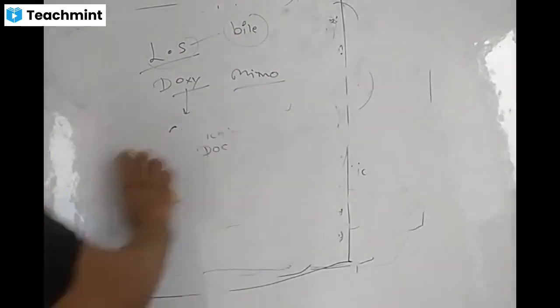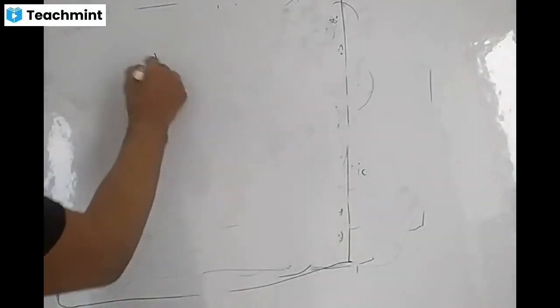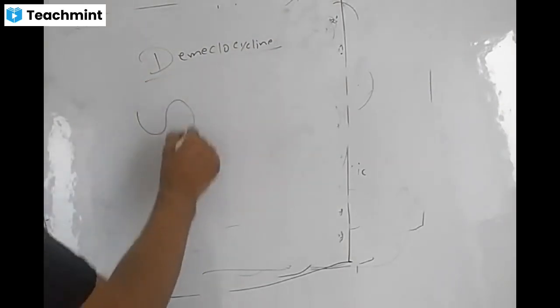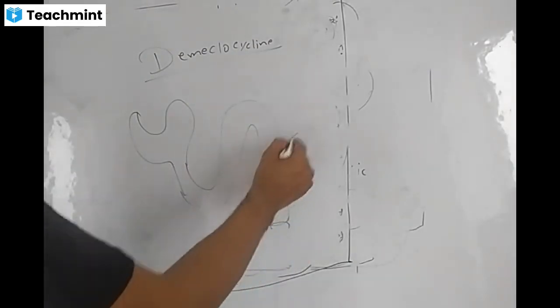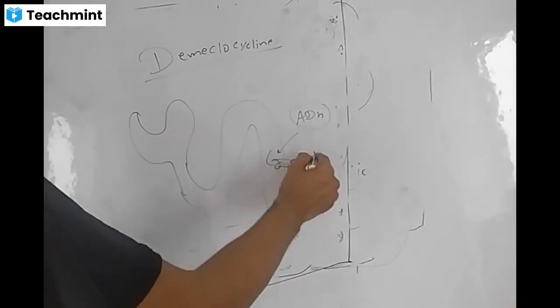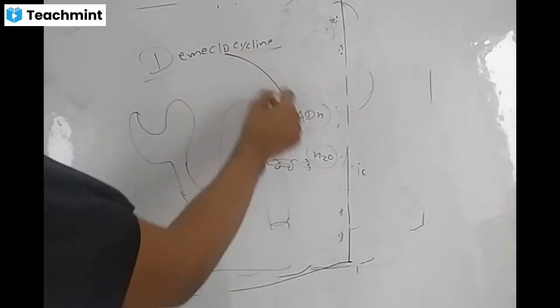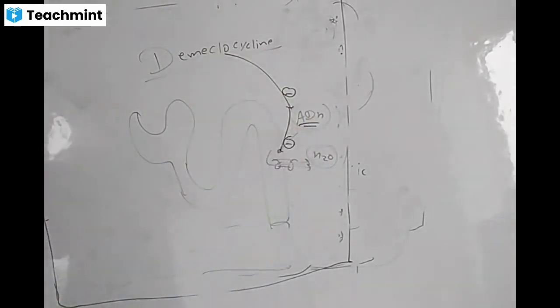And one more MCQ, related with the drug demeclocycline. In the nephron, if you look at the last portion, the collecting duct, at this portion ADH works and puts in some aquaporins and absorbs H2O. This demeclocycline inhibits the action of ADH; it blocks the receptors and stops the function of ADH.